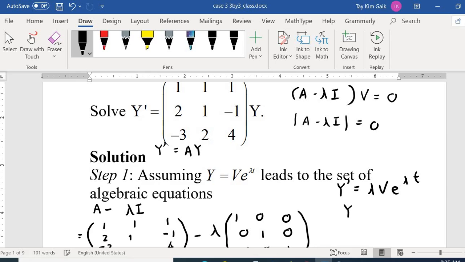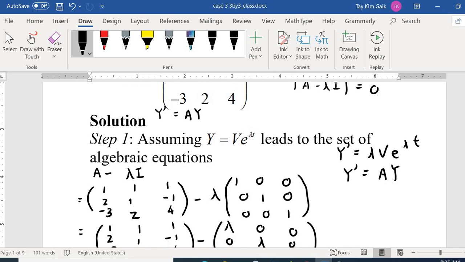Then plug y prime into y prime equal to A y: you have lambda v exponent lambda t, and y we assume is v exponent lambda t. Then we collect these two terms. That's why you have A minus lambda, because A is a matrix, so lambda must be multiplied with an identity matrix.